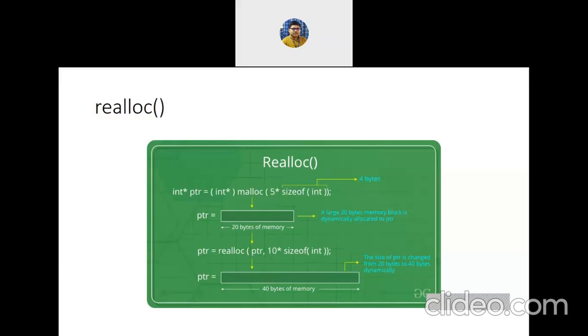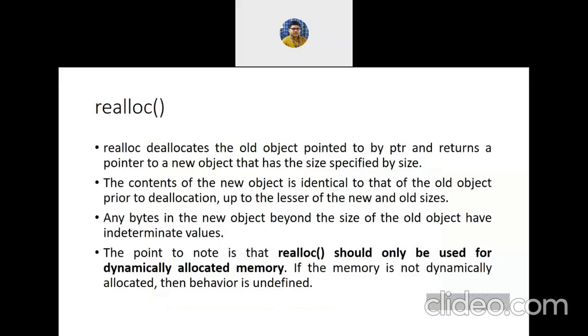Now my question is how it works. That is defined in my previous slide. It basically deallocates the old object pointed to by ptr. That means the allocation already done by the memory allocation function, either calloc or malloc, whichever function you have used, that allocated memory gets deallocated first.